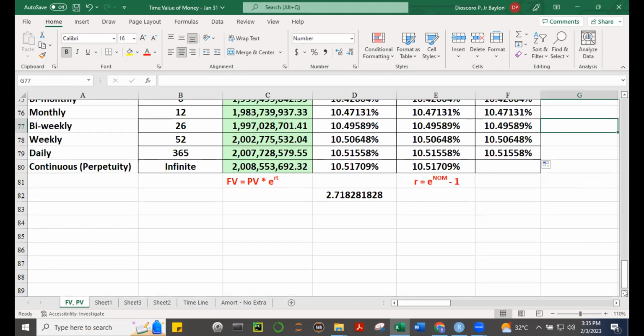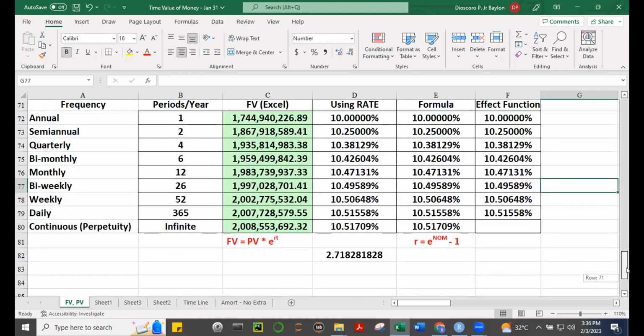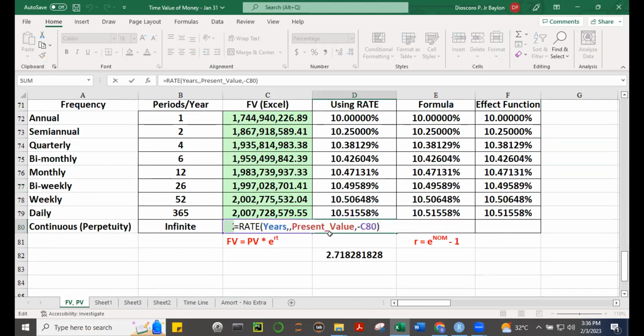I have a question. Yes, sure, go ahead. Did you use the same formula for the infinite in the rate? Yes, because the parameters are years. The years are the same for all, 30 years.